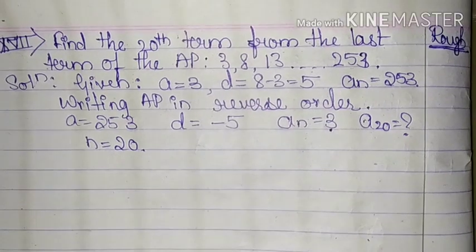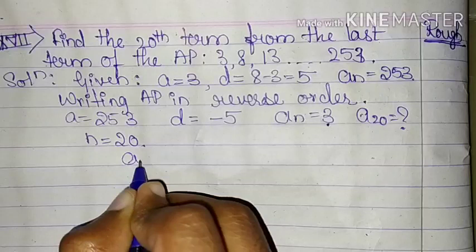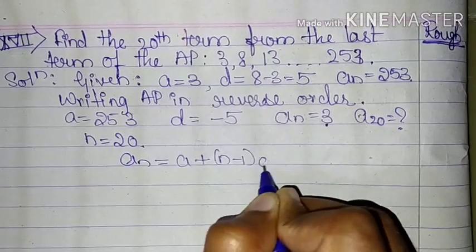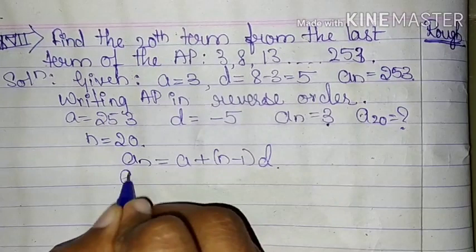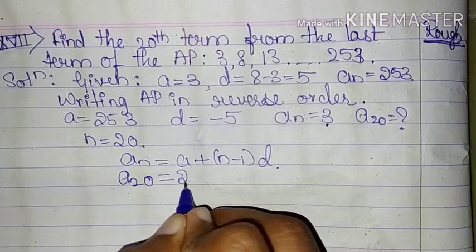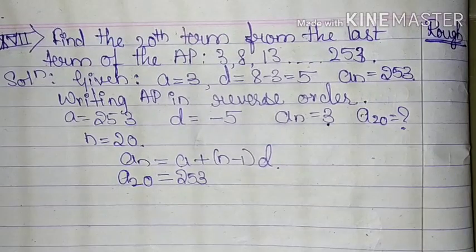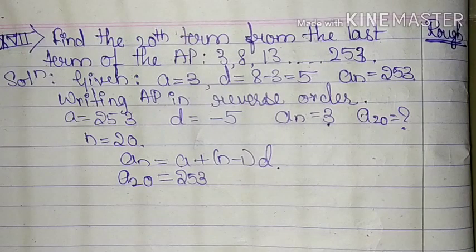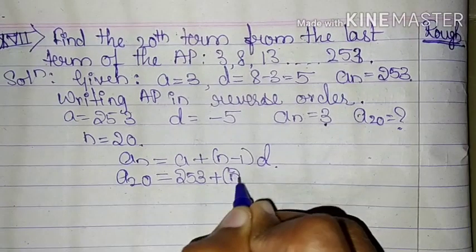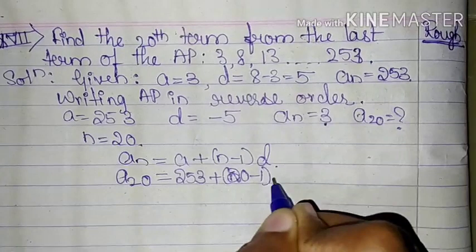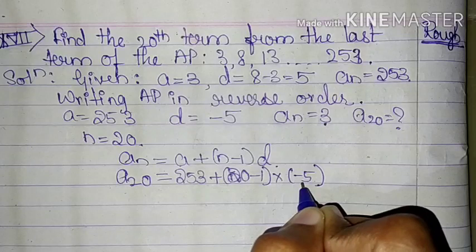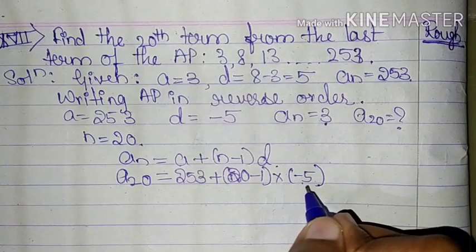To calculate the value of AN, that is A20, we have the formula AN is equal to A plus N minus 1 into D. Putting N is equal to 20, A20 is equal to 253, because our AP is in reverse order, plus N minus 1, that is 20 minus 1, into minus 5, because our common difference has changed its sign.